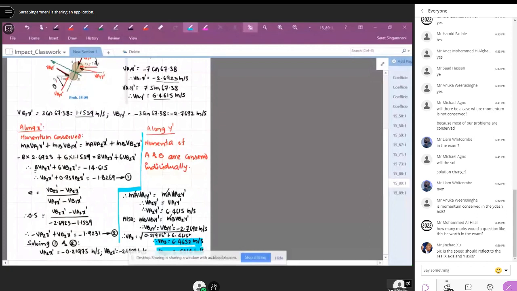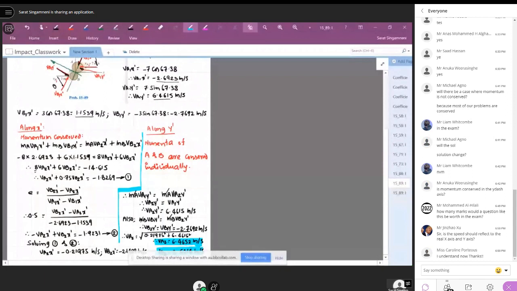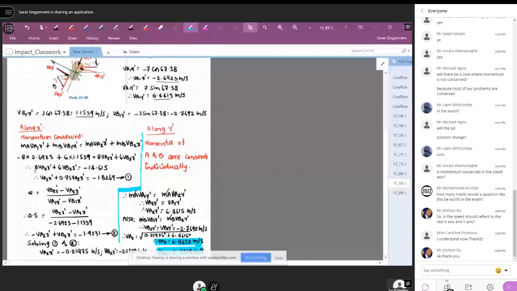Worry about the real x and y axis now, because he is asking only for the magnitude of the final velocity. Now all of you, if you sit on this problem on your own, without looking at the solution I gave, can you solve it?